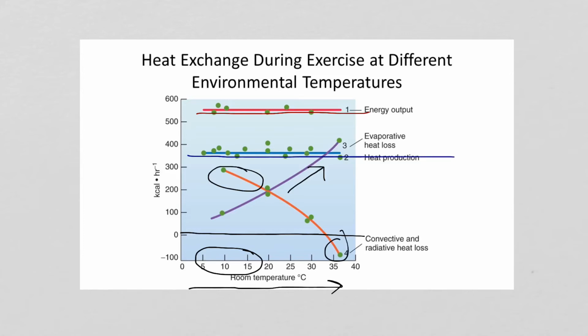That means the body is gaining heat by convection and radiation. And so, consequently, to maintain a steady body temperature, the evaporative heat loss is now, of course, greater than the actual heat production, because we also have to account for the extra heat that's being gained down here by convection and radiation.